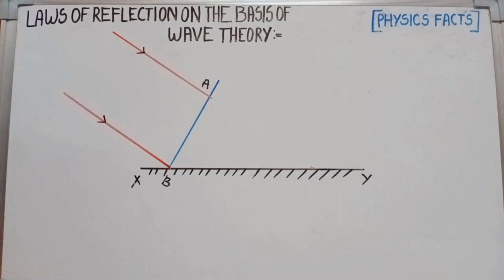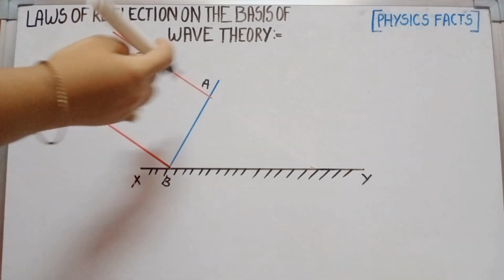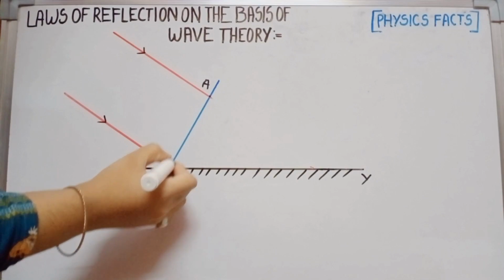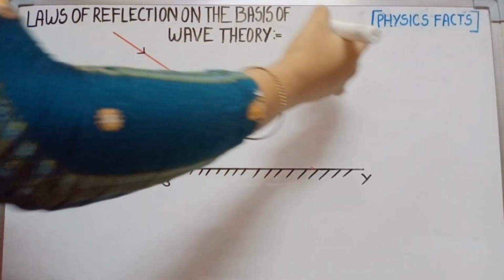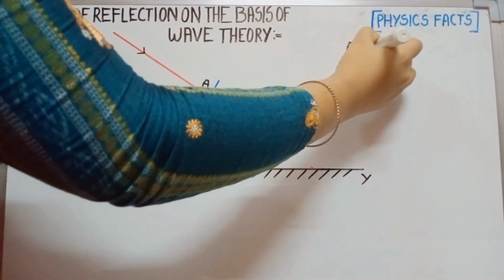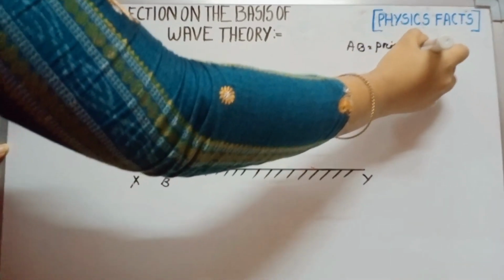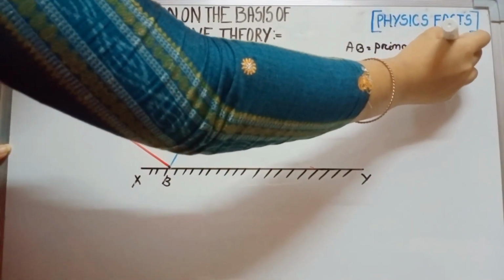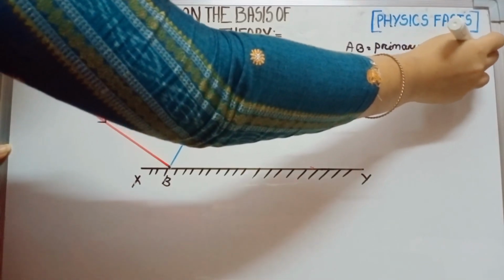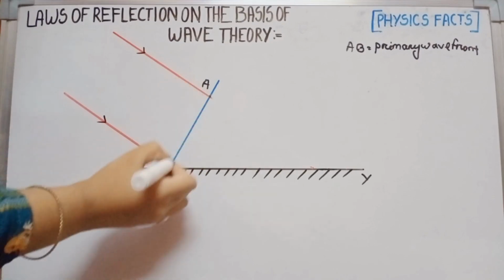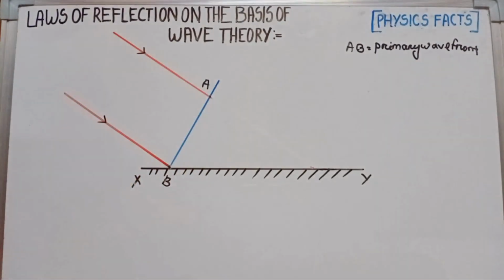Next, according to Huygens theory, what happens? Every point on the primary wavefront, this AB is the primary wavefront, acts like a source of new disturbance.